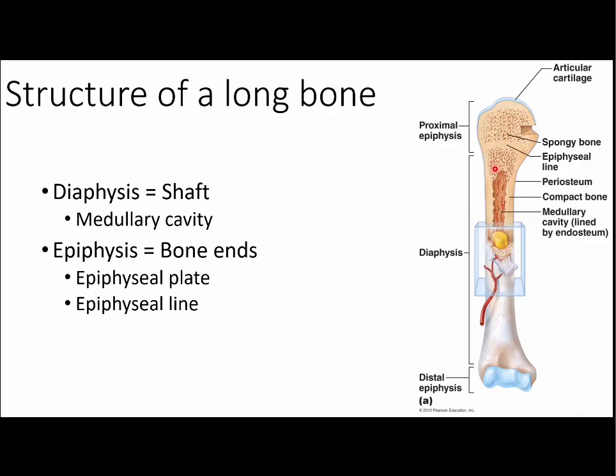So we have diaphysis, compact bone, medullary cavity, yellow bone marrow, epiphysis, compact bone, spongy bone, epiphyseal line / epiphyseal plate if we're looking at a younger person, and then articular cartilage, which is hyaline cartilage that's going to cover those bone ends.